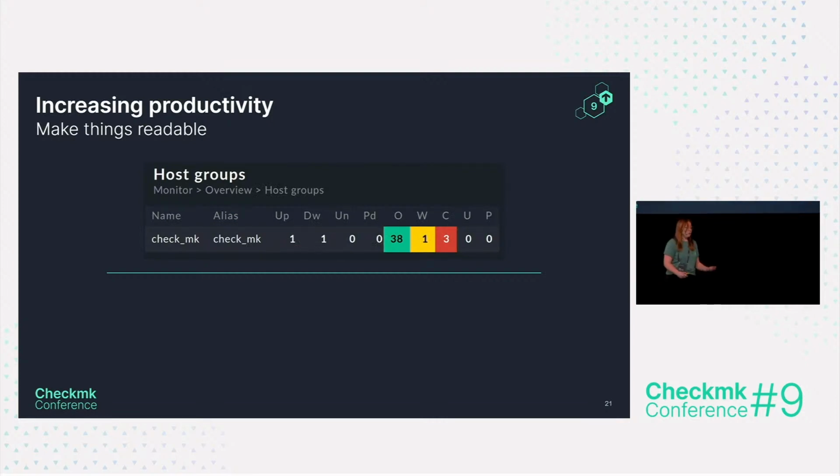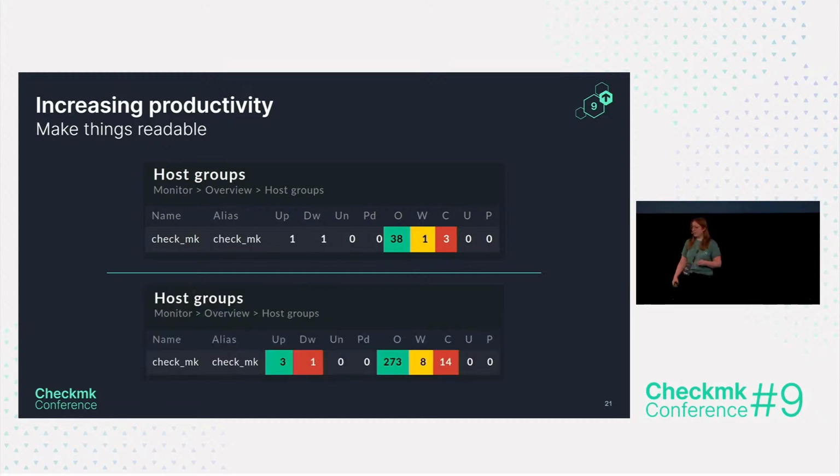Making things visible and readable is also very important. We have lots of important things because we want you to be able to get an overview of your infrastructure as fast as possible. Previously, the host states in host groups, up, down, undecided, and pending, were not colored. We have changed this to enable you to quickly see the state of the hosts, as it should always have been.